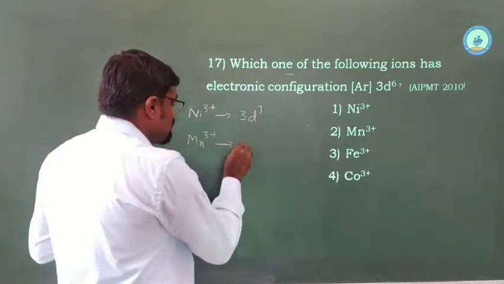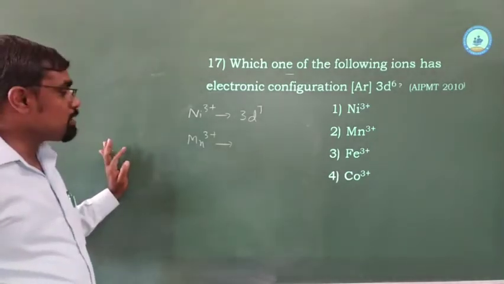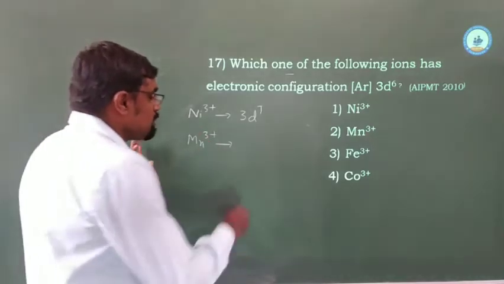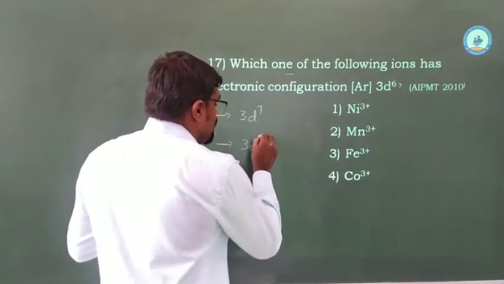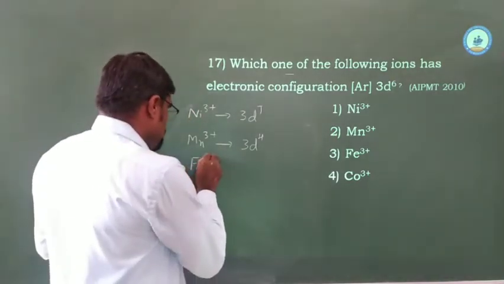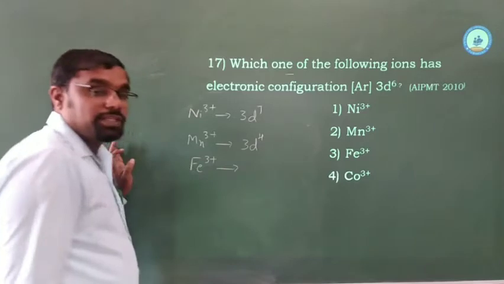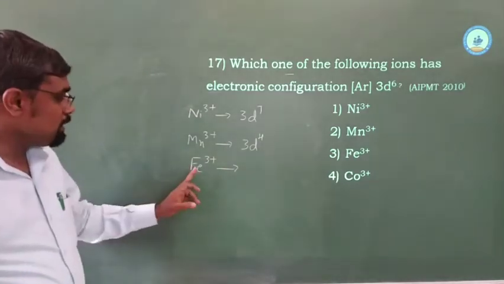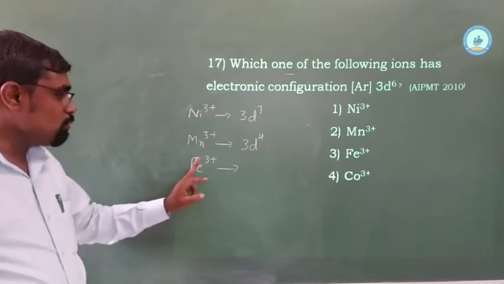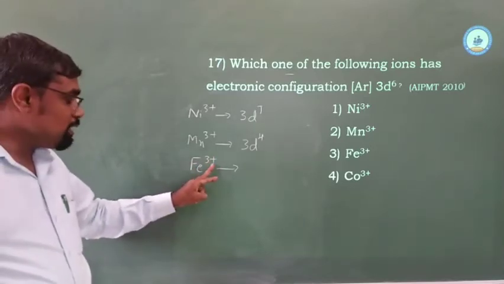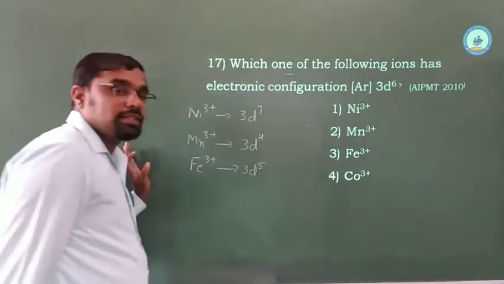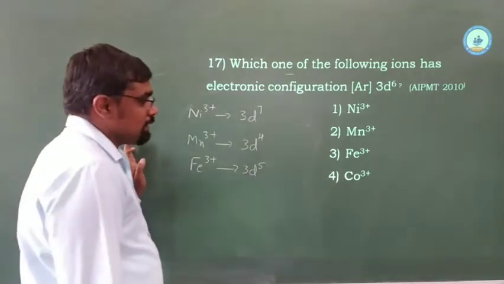Mn3+: atomic number 25, giving 3d4. Fe3+: atomic number 26, remove 2 from s and 1 from d, giving 3d5, so 5 electrons in the d orbitals.